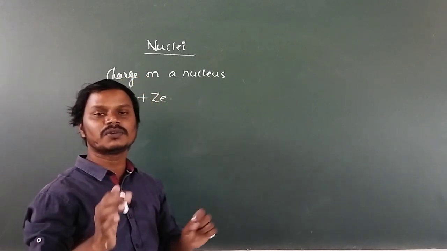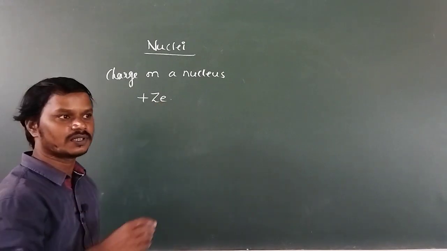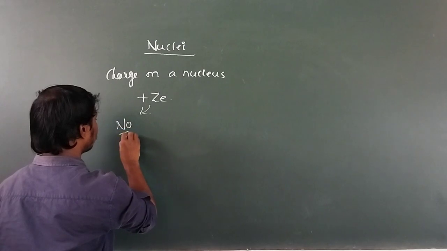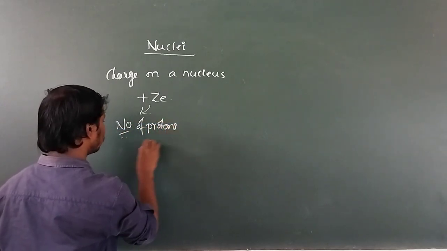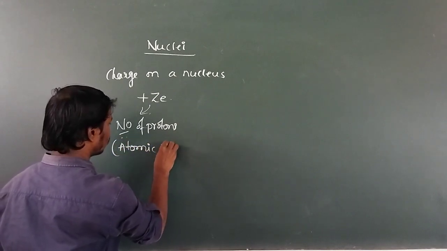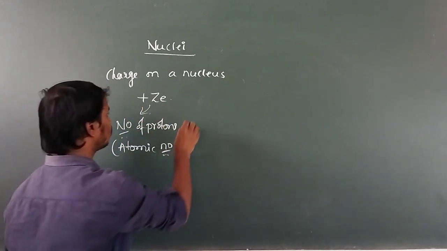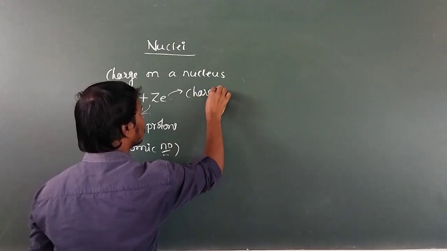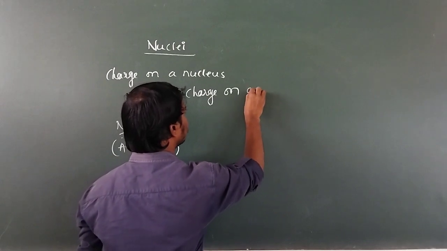Z indicates the number of protons present in the nucleus, and plus e is the charge on a proton, where Z is the number of protons, otherwise called the atomic number. Next, what about plus e? Plus e is the charge on a proton, and its value is about 1.6 into 10 to the power of minus 19 coulomb.